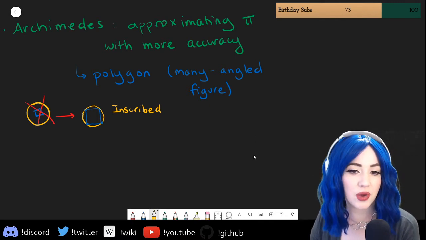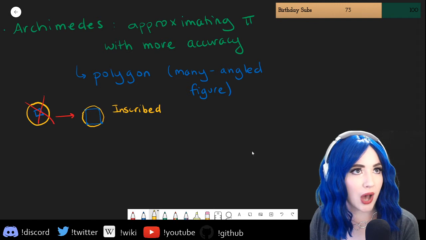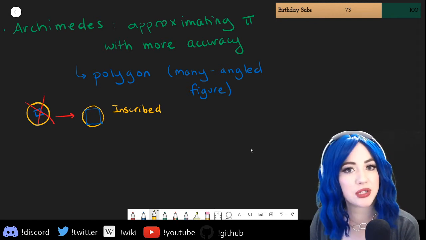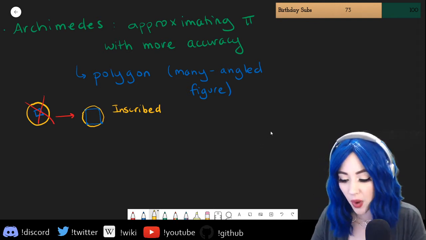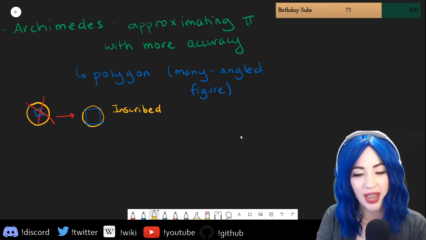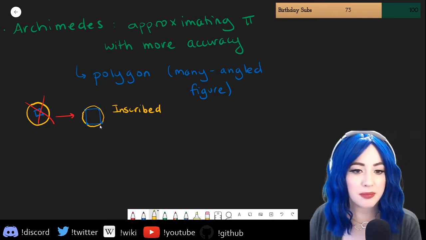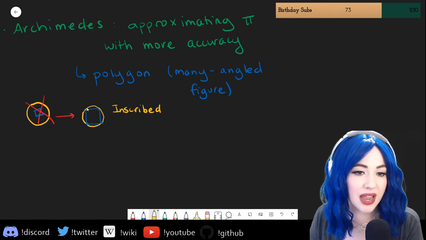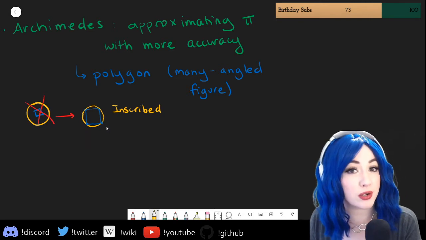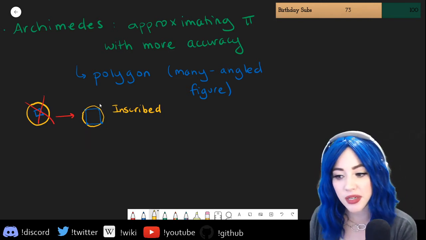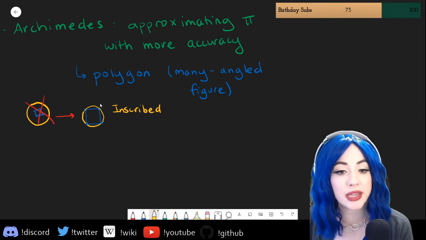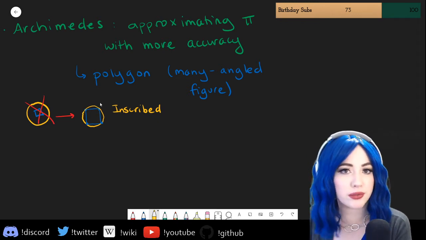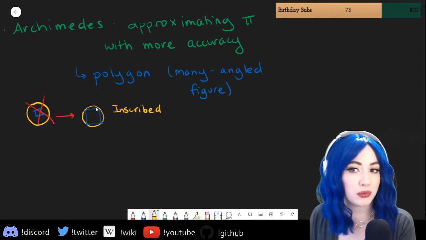And then I'll show you how we could do this in code, because we're going to want to iterate. We're going to want to have more and more sides, because if you think about it, the more sides we have, the closer we're getting to the circle. So ideally we'd want more and more and more sides, so we get closer and closer and closer to that real value of pi.